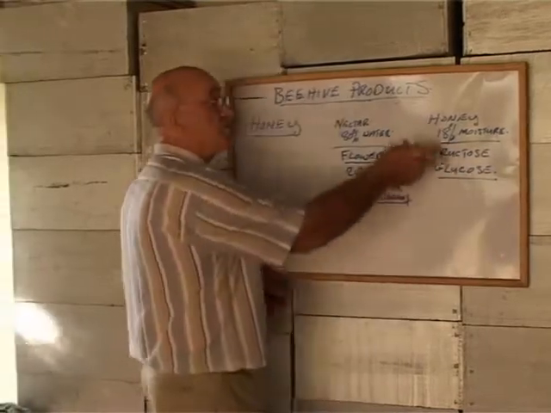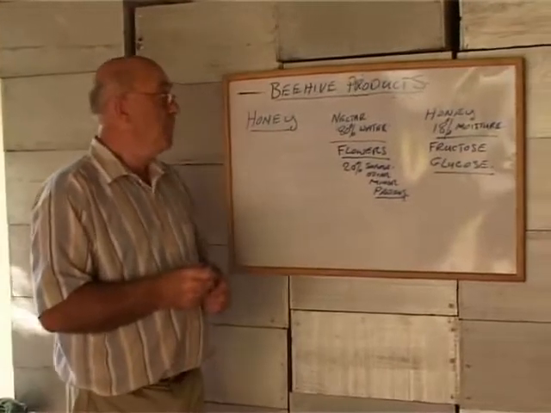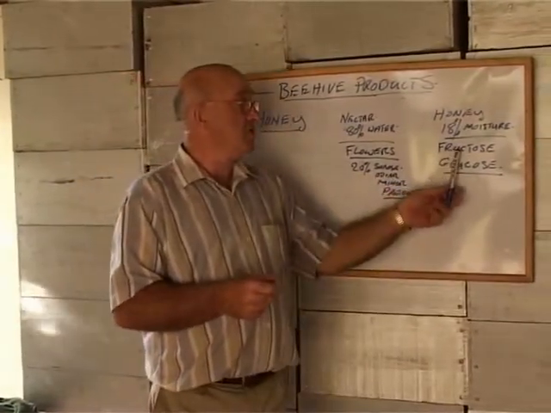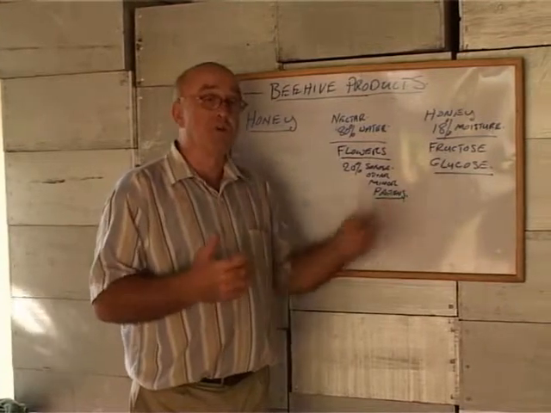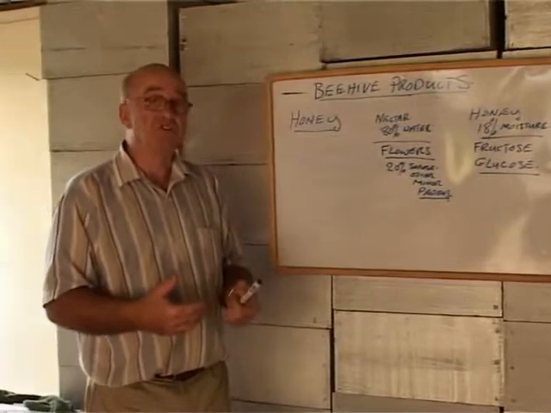Both sugars that humans can assimilate. So honey finally becomes the main sugars of fructose and glucose, which our bodies can consume without pre-digestion.